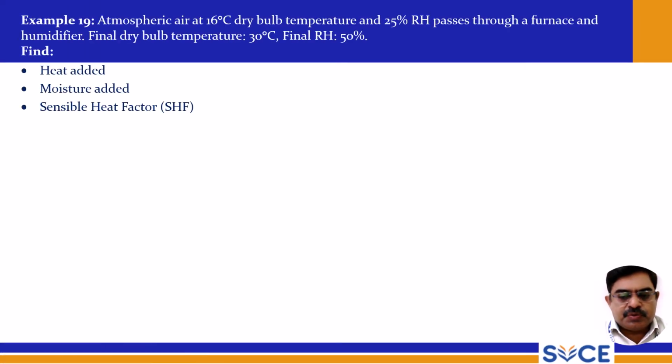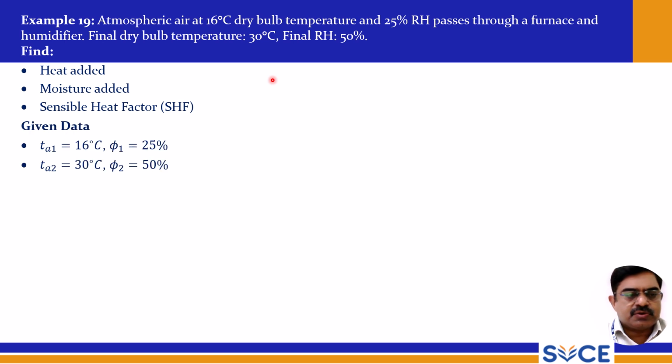So next numerical: atmospheric air at 16 degrees Celsius dry bulb temperature and 25% relative humidity passes through a furnace and a humidifier. Final dry bulb temperature is 30 degrees Celsius. Final relative humidity is 50%. So find heat added, moisture added, and sensible heat, that is SHF, also to be found.